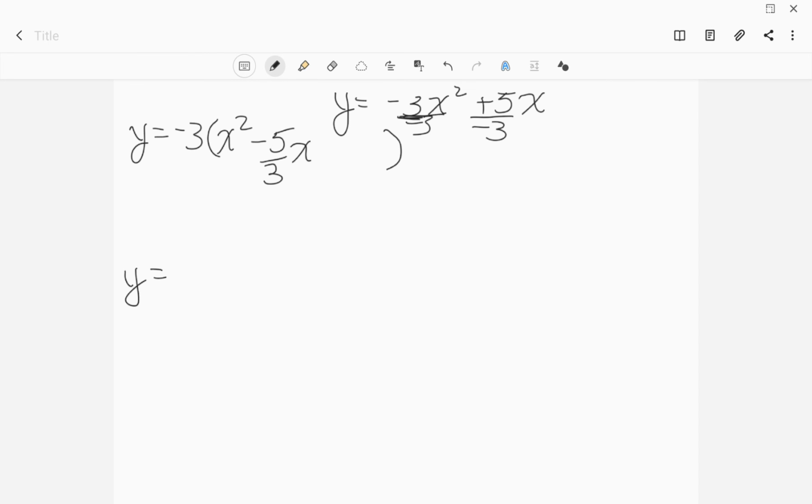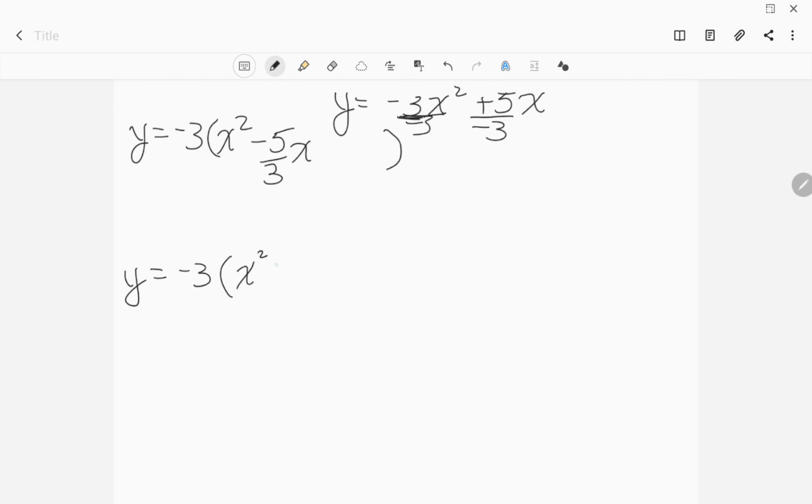So that's why we have a calculator. So I take 5 over 3 and I divide it by 2, which gives me 5 over 6. And then I square it, which gives me 25 over 36.